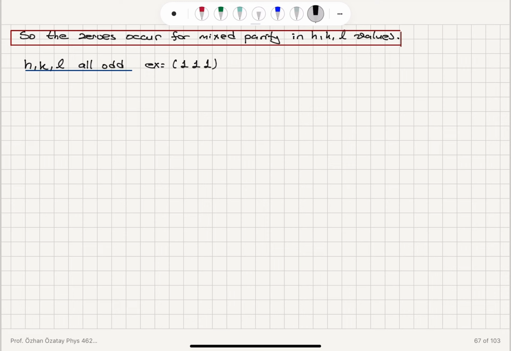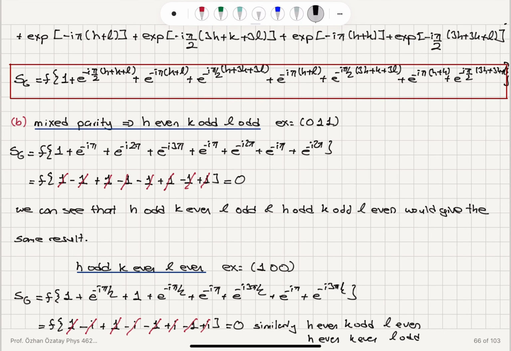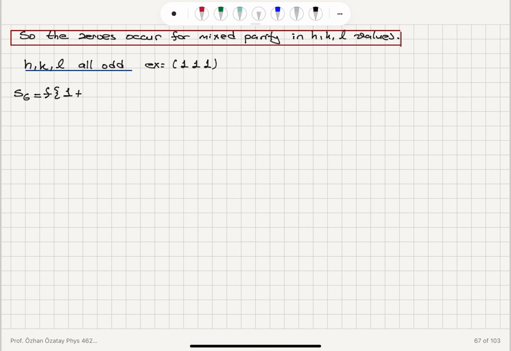Now, for this case, the geometrical structure factor, when I substitute 1, 1, 1 for HKL, gives me F times 1 plus, and looking at the second term, that gives us e to the minus i 3 pi over 2.